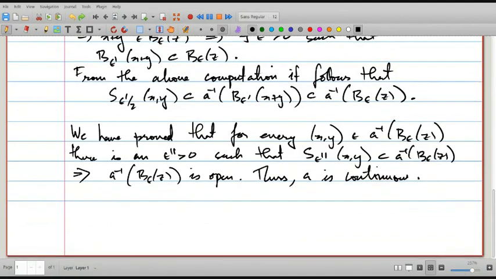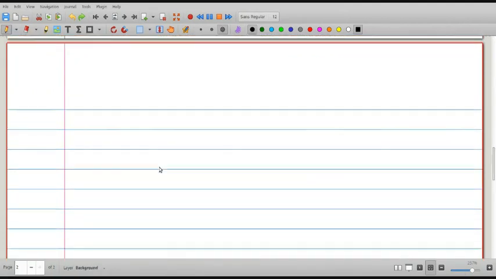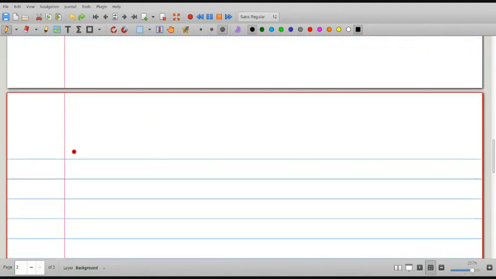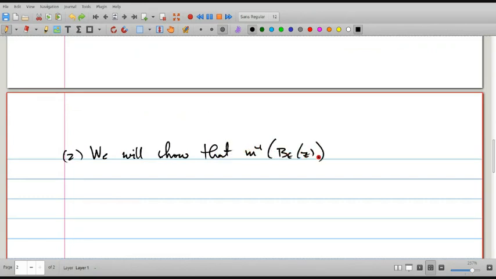So let us now look at the second assertion, the proof of which is similar. We will show that M inverse of B epsilon z is open. Once again, we make an observation first.